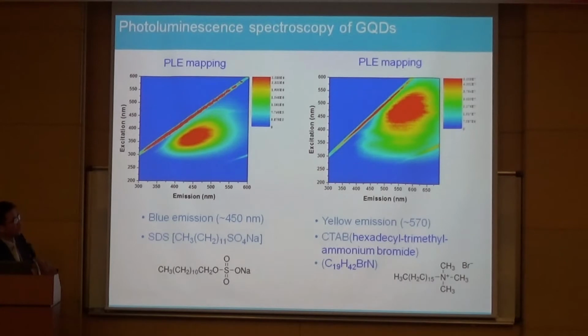And according to the quantum confinement theory, if you have a larger structure, the emission will be redshifted because the band gap is smaller. So compare the two PLE mappings here. We think the micelle could be a nice candidate for graphene quantum dot synthesis using microplasma.